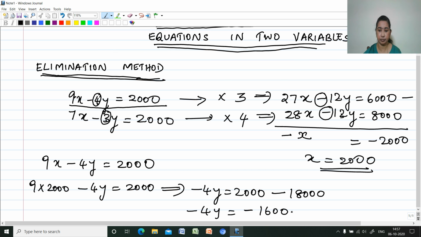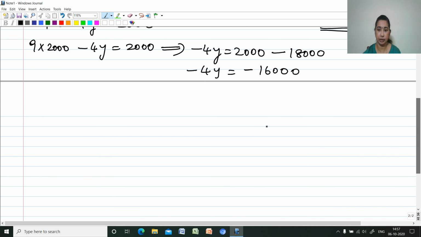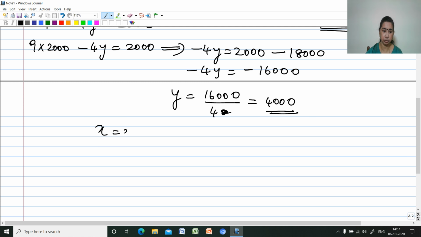Minus 4 is common, so cancel out the common term and you will get the value of y. That is 16,000 divided by 4, which is equal to 4000. So the value of x is equal to 2000 and the value of y is equal to 4000.